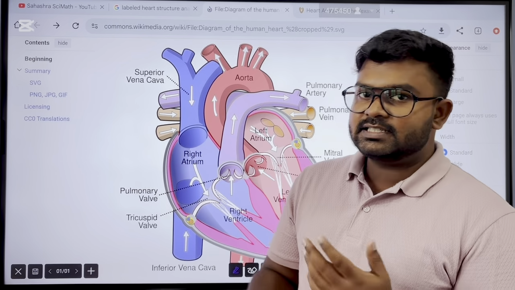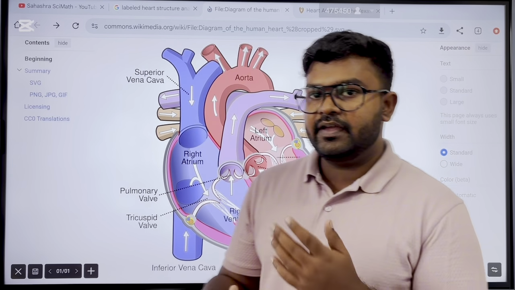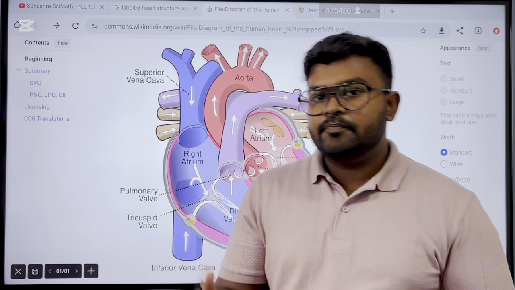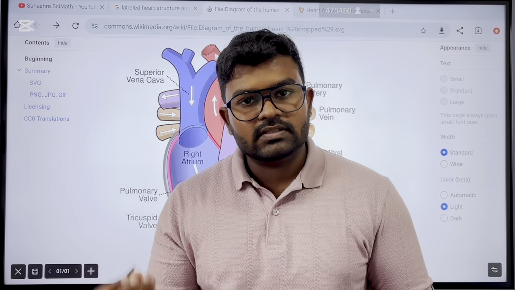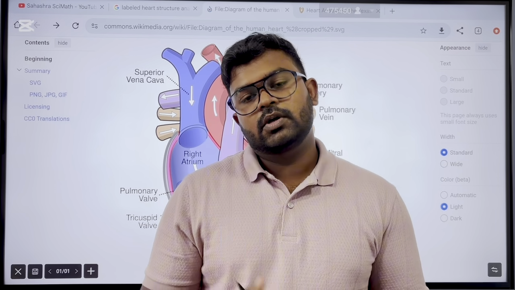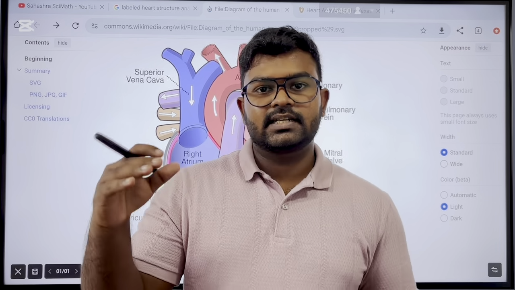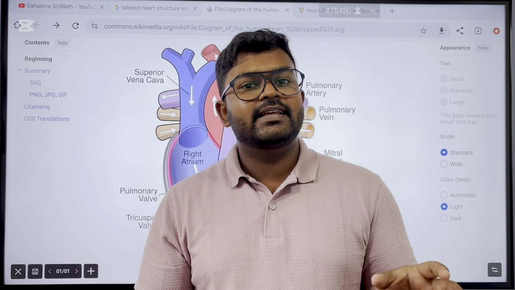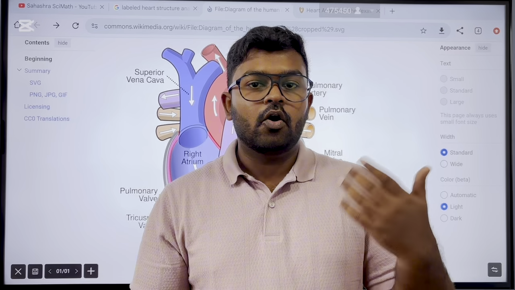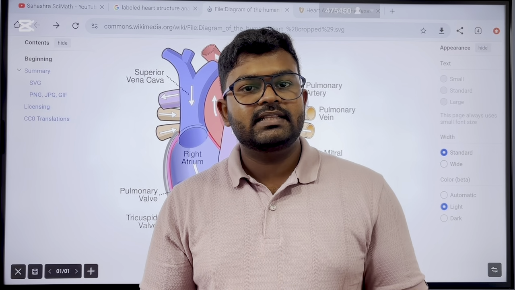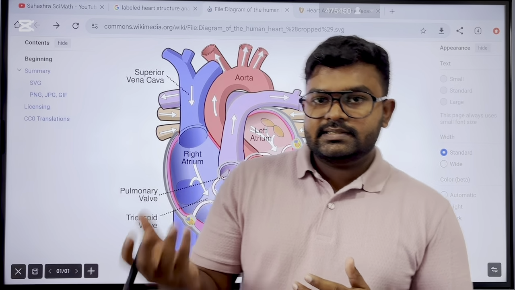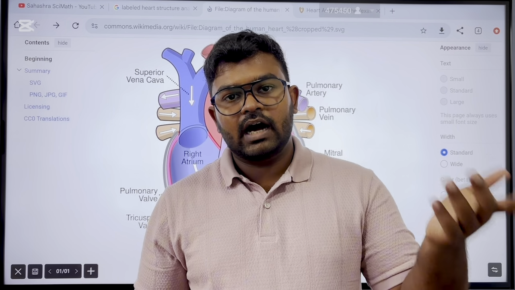If we consider the veins, they carry blood towards the heart, and veins contain deoxygenated blood. Within veins, oxygen concentration is very low. Arteries carry blood away from the heart, and oxygen saturation within the arteries is very high. These are the main differences between arteries and veins.